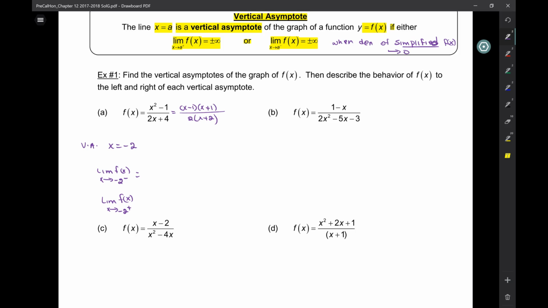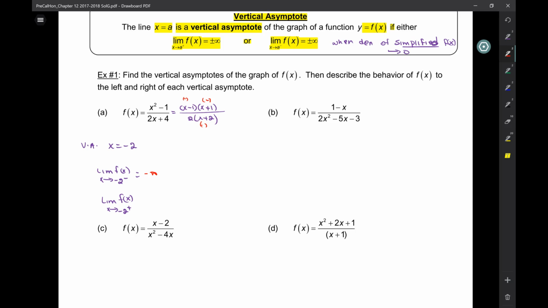So I'll get negative, negative. And if I plug in negative 2.01 to the denominator, do I get a negative or a positive value? Negative, right? So that whole thing will be negative. So we say the limit here will approach negative infinity.